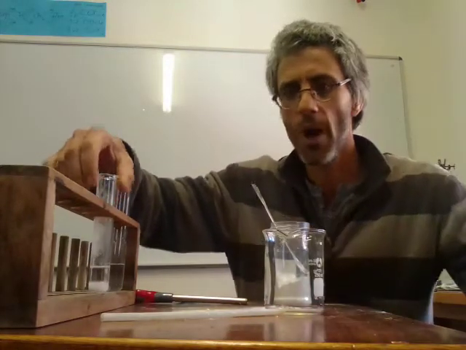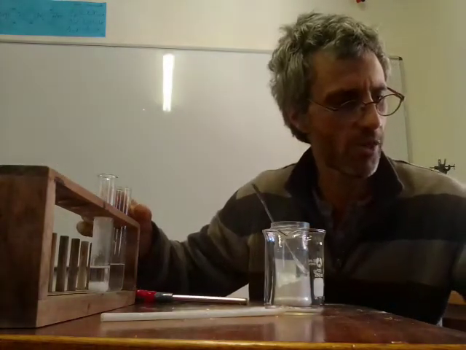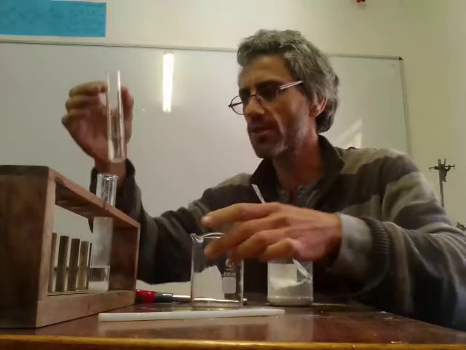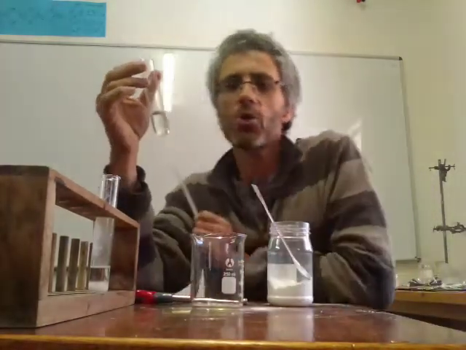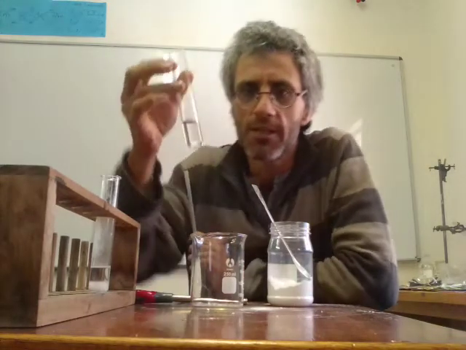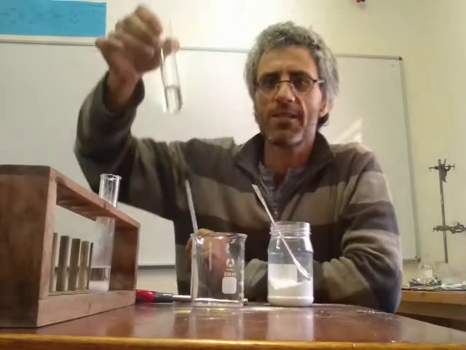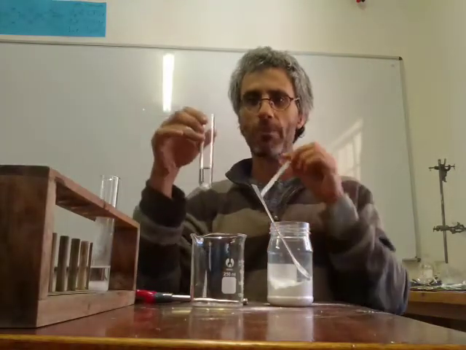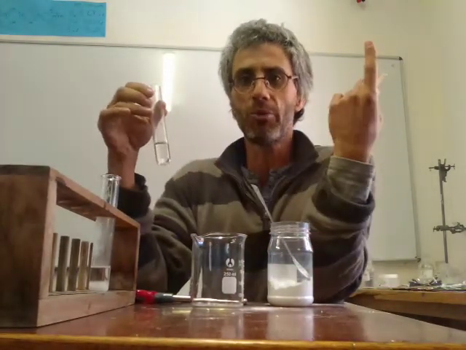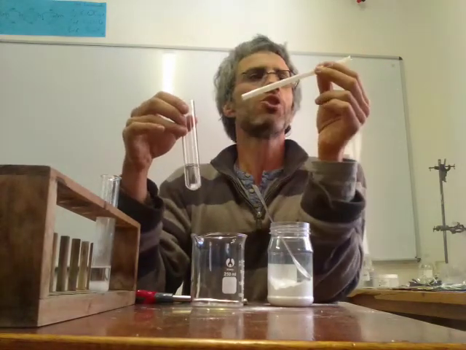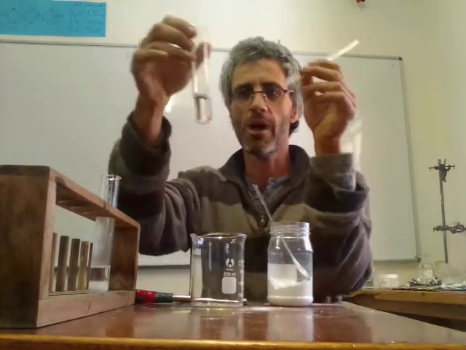But I want to show you one more way. There's another way of identifying carbon dioxide, and that's by using a substance called lime water. You can see this lime water is see-through. It's transparent. I'm going to bubble carbon dioxide into it with my breath, since I've got carbon dioxide when I breathe out. Let's see what happens to it.